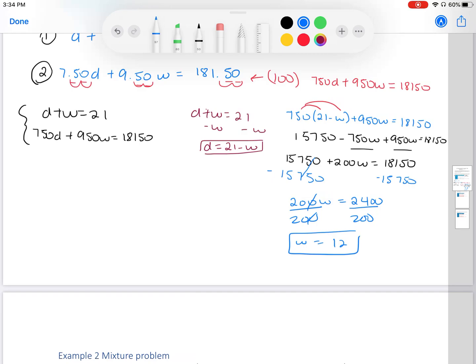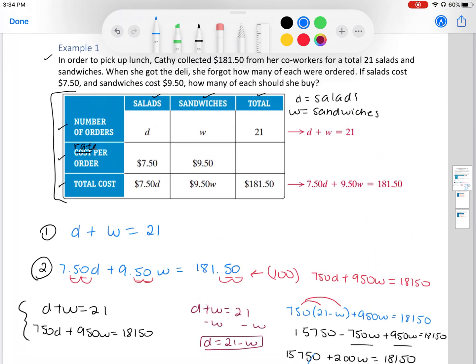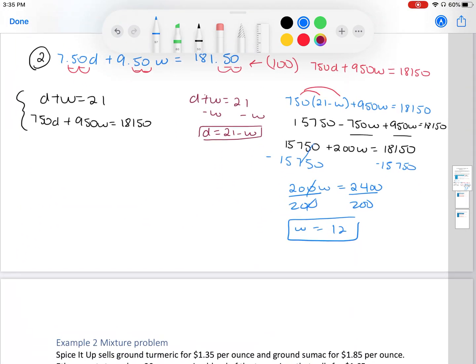All right, we found W. So we know we're going to order 12 sandwiches. Let's finish it off. So we have D plus W equals 21. We know W is 12, so we can just plug it into this one. D plus 12 equals 21. To get D, let's subtract 12. D is equal to 9. All right, last bit. Since we have a word problem, we have to give a word answer.